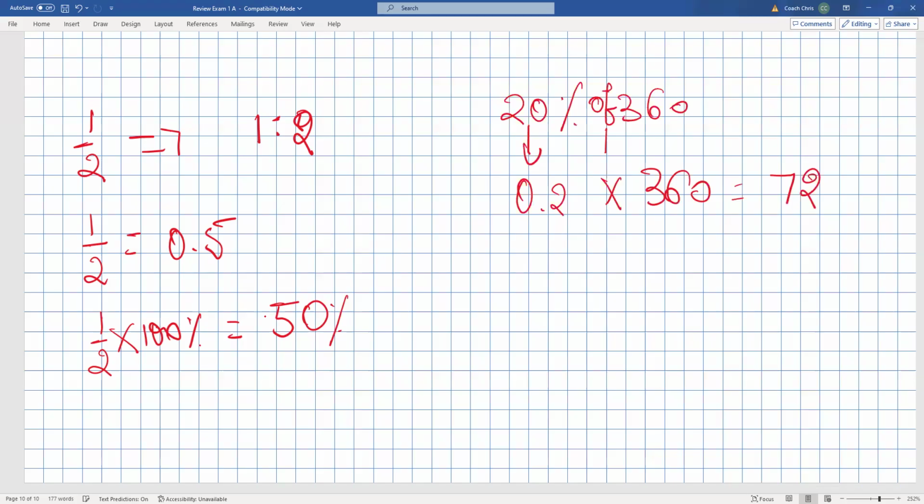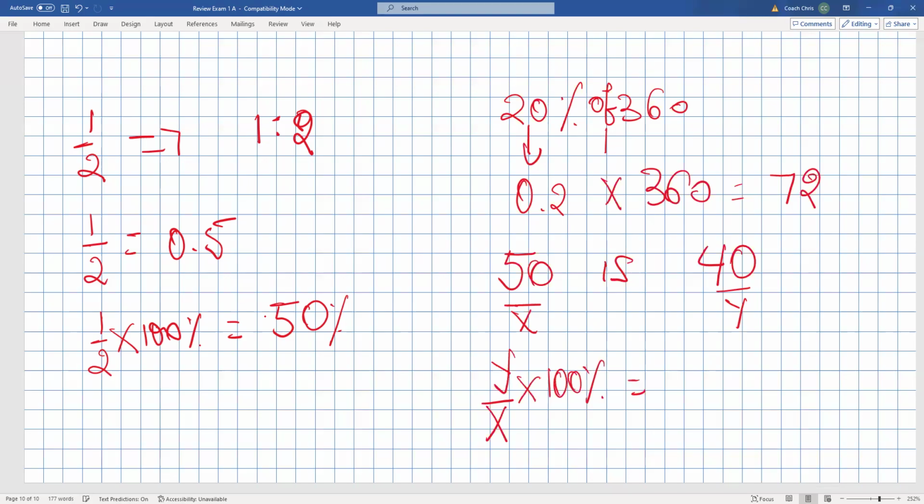Now, if the question is what percent, okay? The question is what percent of 50 is 40? What percent of 50 is 40? We call this X, we call that one Y. Always get Y, the second number, divide by the first number, multiply that by 100%.